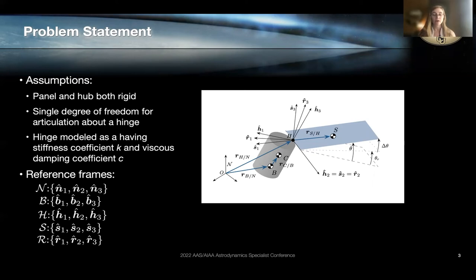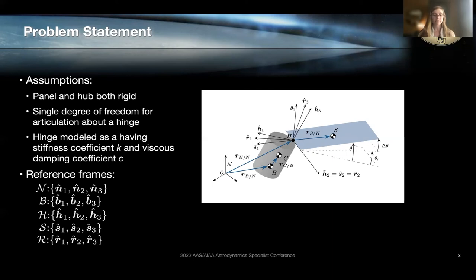And we have the R frame, which is where the reference is. In previous work, this R frame didn't exist. That entire theta was what the K and the C were applying to. But here we've introduced this new delta theta, which is the displacement relative to the reference, and that defines the dynamics of how the hinge spring is going to operate.